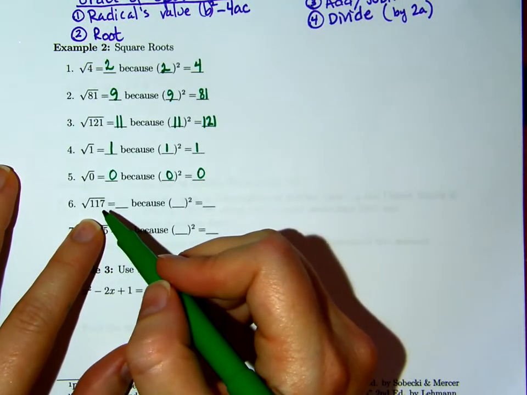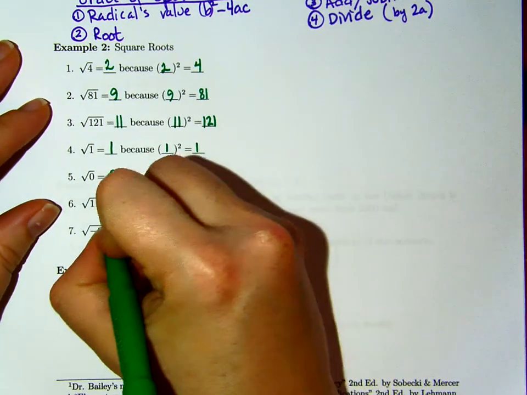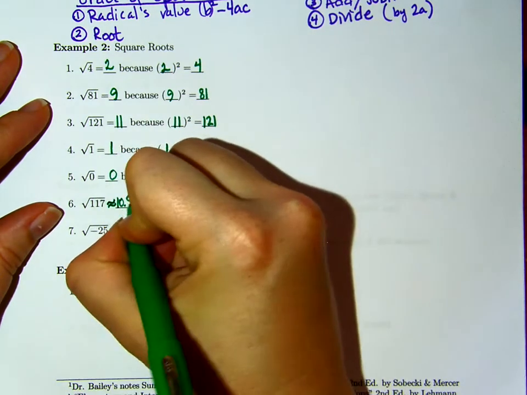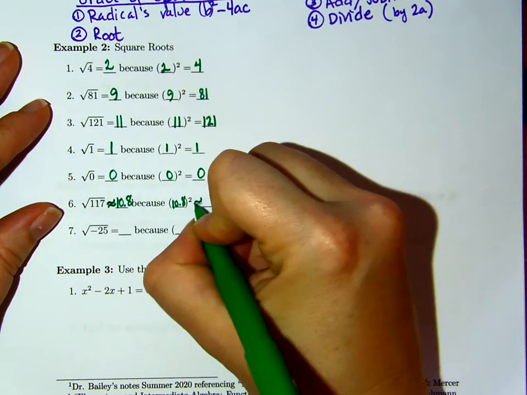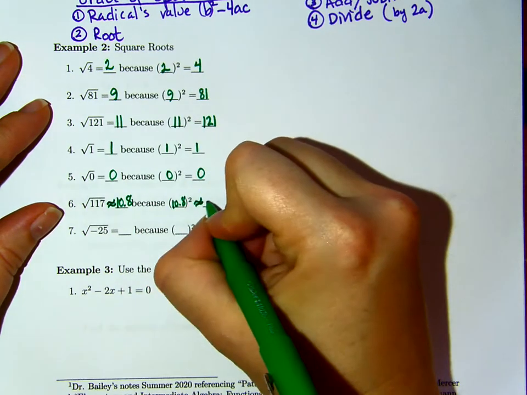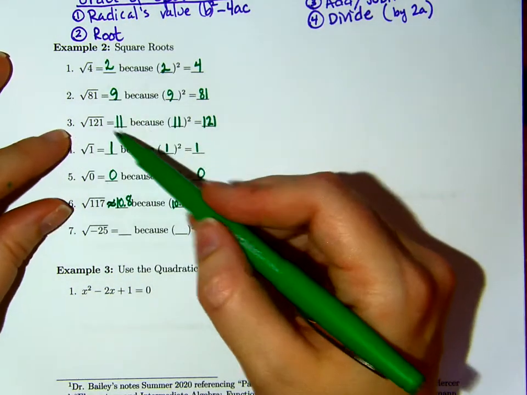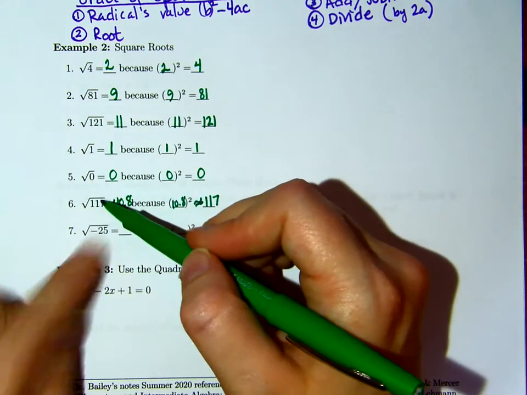Uh-oh. I have no idea. Ew. So now I'm going to go to my calculator, and I'm going to say square root of 117. Yep, it's not nice. It is approximately 10.8, because 10.8 squared is approximately 117. Okay, so I'm looking back at number 3, because 121 is pretty close to 117.